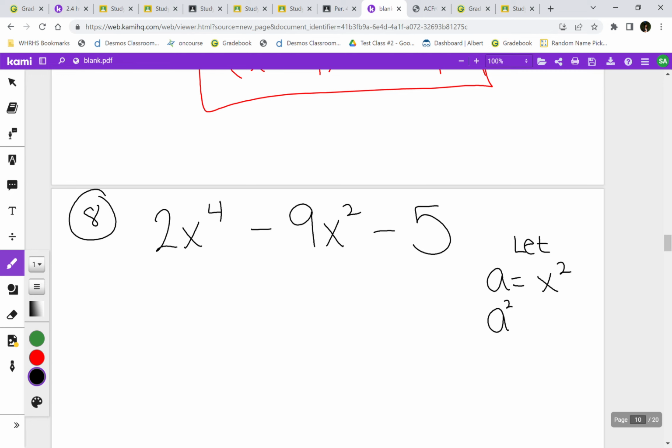So that means a squared is x to the fourth. So now we're 2a squared minus 9a minus 5. I need you to go and factor this now. Factor 2a squared minus 9a minus 5, and then we'll touch base again.